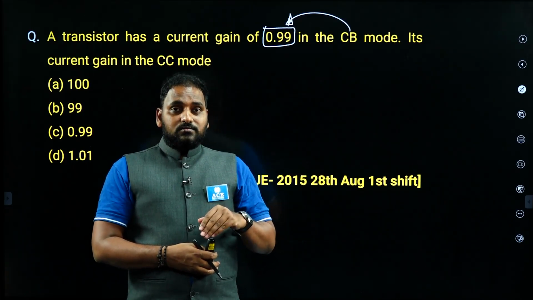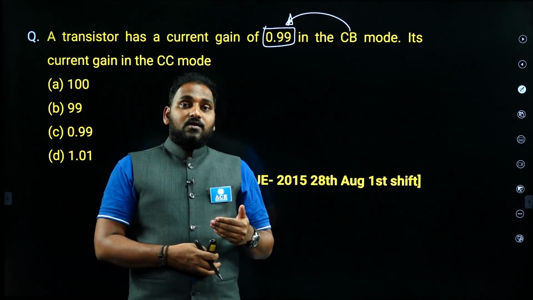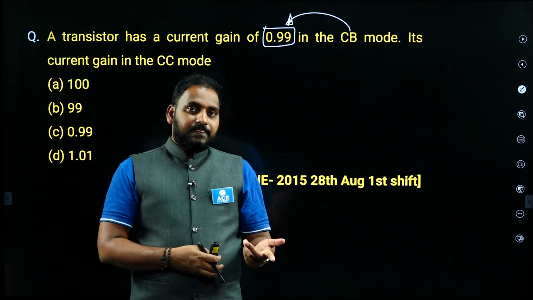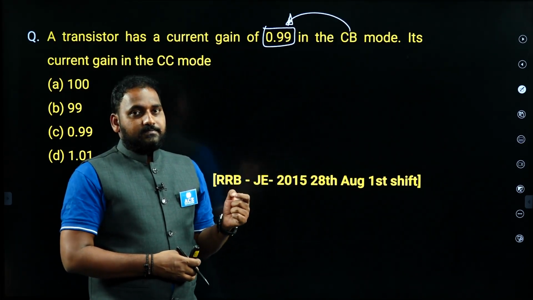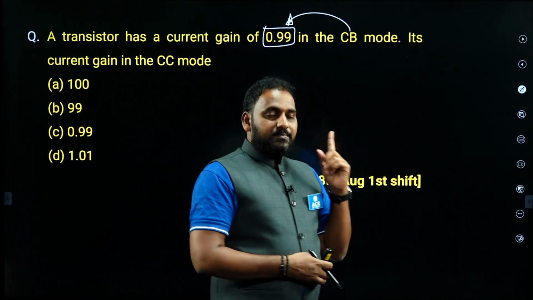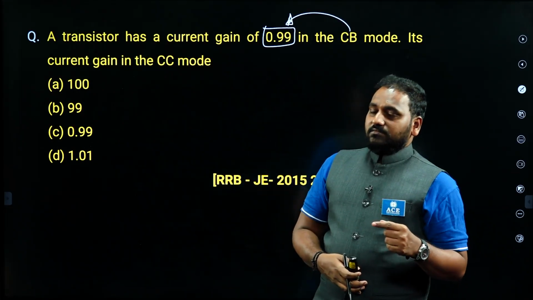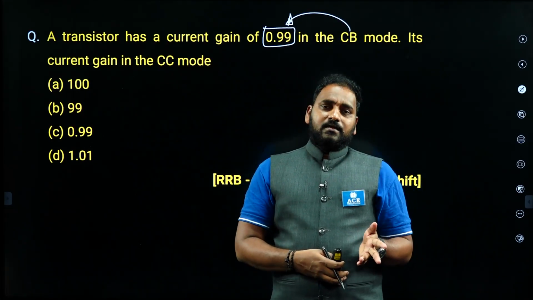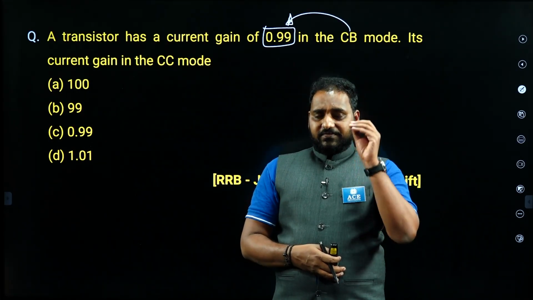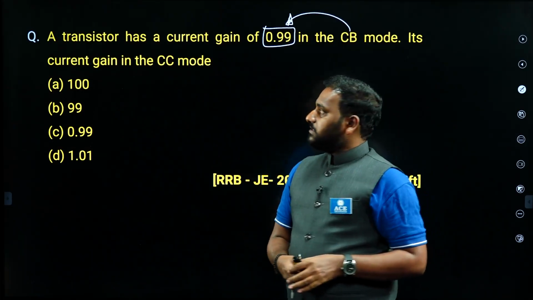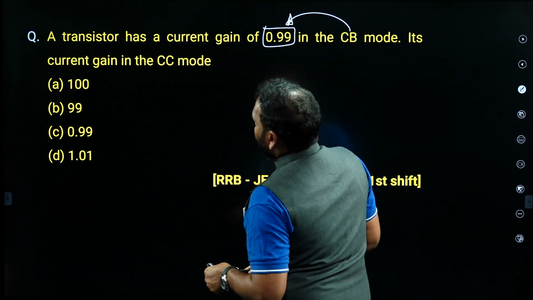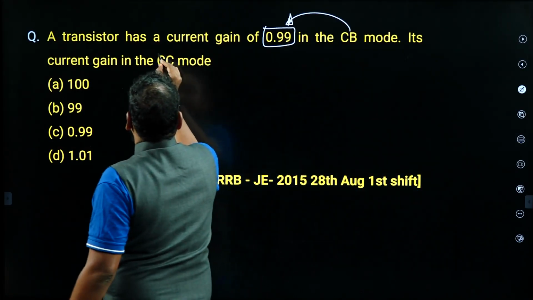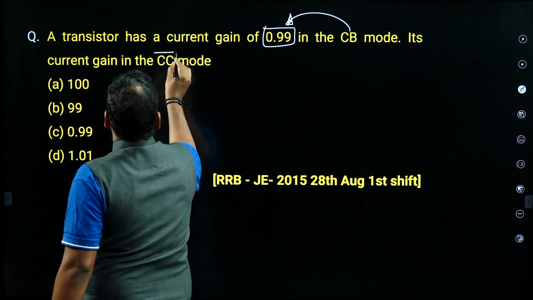So in common collector, the amplification factor is gamma. Common base, the amplification factor is alpha. Common emitter, the amplification factor is beta. So he is asking about the current gain in common collector.